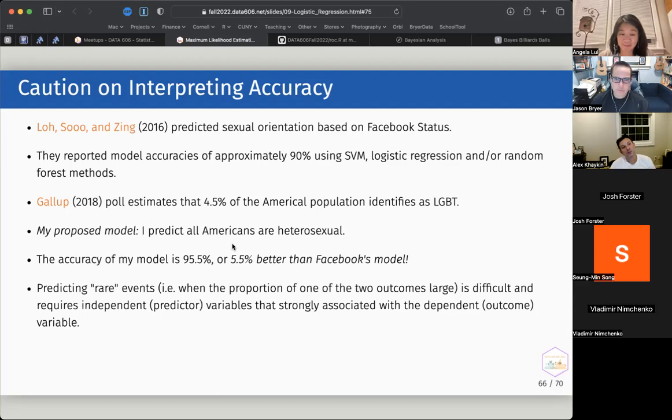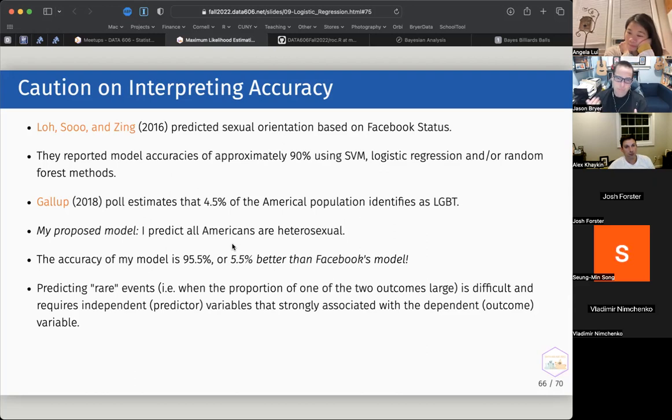So this is why you need to be really, really careful with these things and not overstate the accuracy of your models, and how well they can predict things. And really, if you're getting into this, be very wary or concerned if you need to predict rare events. And what do I mean by rare? If you look at the proportion of true, false, 0, 1, however you code your outcome, right?